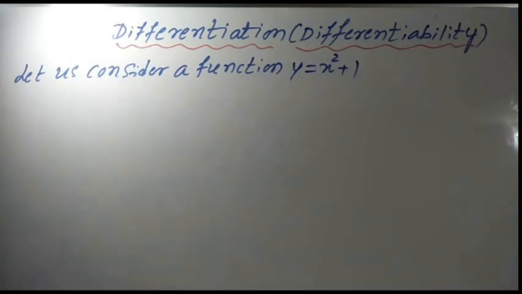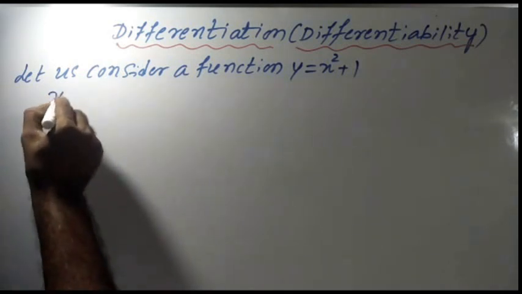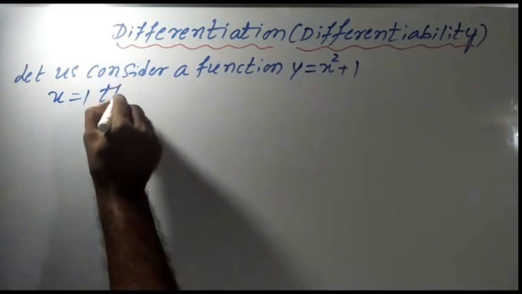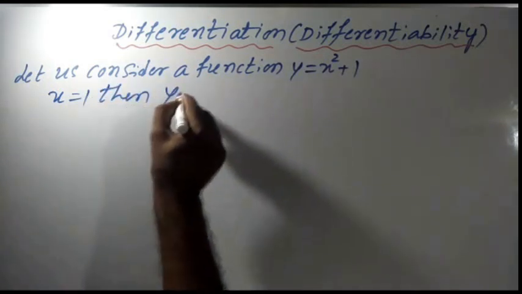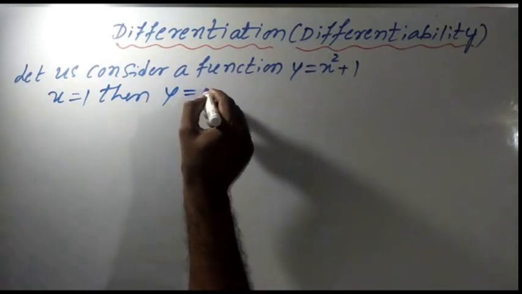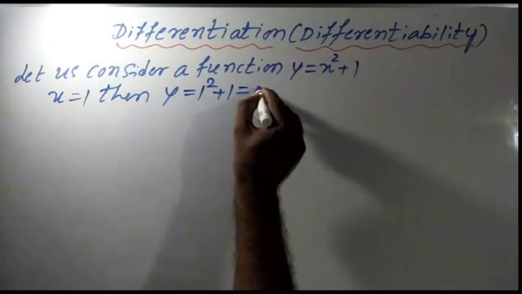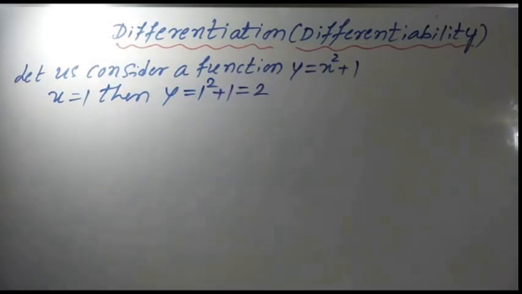In this function we put the value of x is equal to 1. Then the value of y becomes x square, means 1 square, plus 1 is equal to 1 plus 1, that is equal to 2.